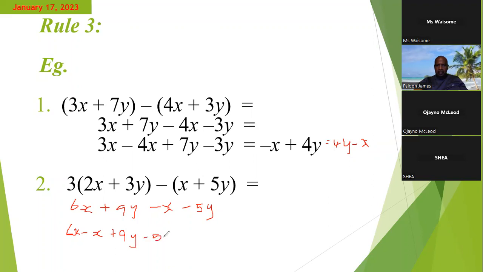All right, so what do you get from this? Yes, sir. When we simplify, we get 5x plus 4y.